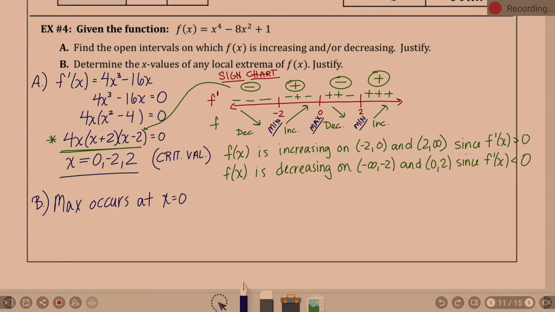A max occurs at x equals 0 since, I really actually could do this 2 ways, but what does the derivative do at that point? f prime of x changes from positive to negative.